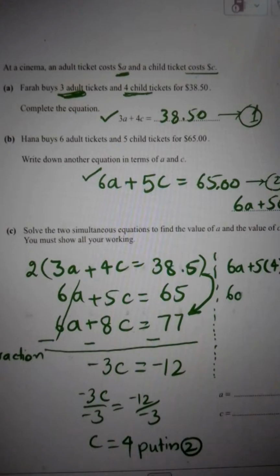So we can see that 6a plus 20 is equal to 65. 6a is equal to 65 minus 20, so 6a is equal to 45. A is equal to 45 by 6, which, by the table of 3, is 15 by 2.